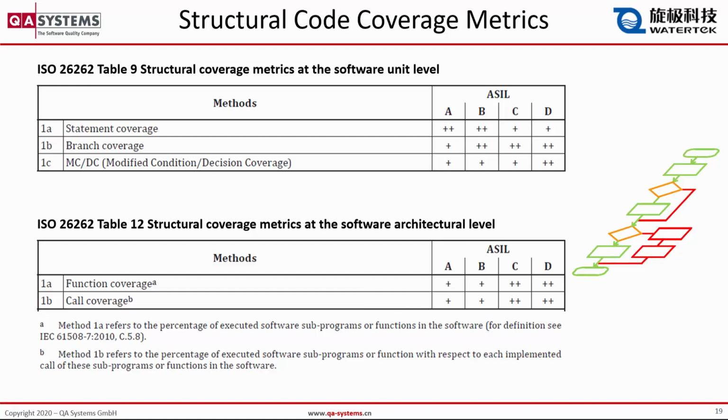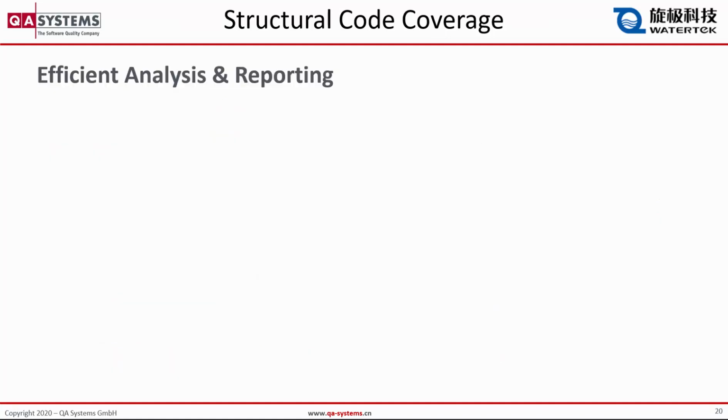It's appropriate here that the function coverage and call coverage are different from that obtained within the unit level, because you are looking at the interaction of the code, whether functions have been called and returned. So, what are we looking for from structural code coverage to help us achieve ISO 26262 requirements? Firstly, it needs to be an efficient analysis and reporting.